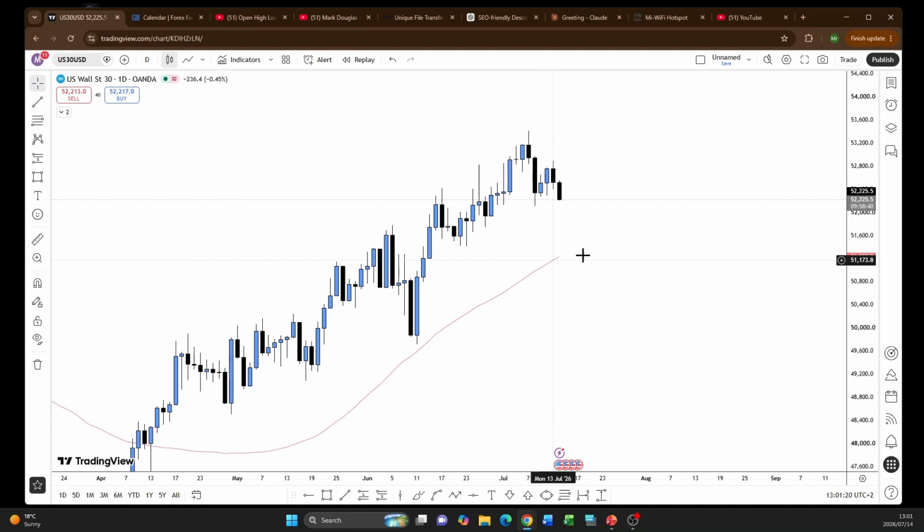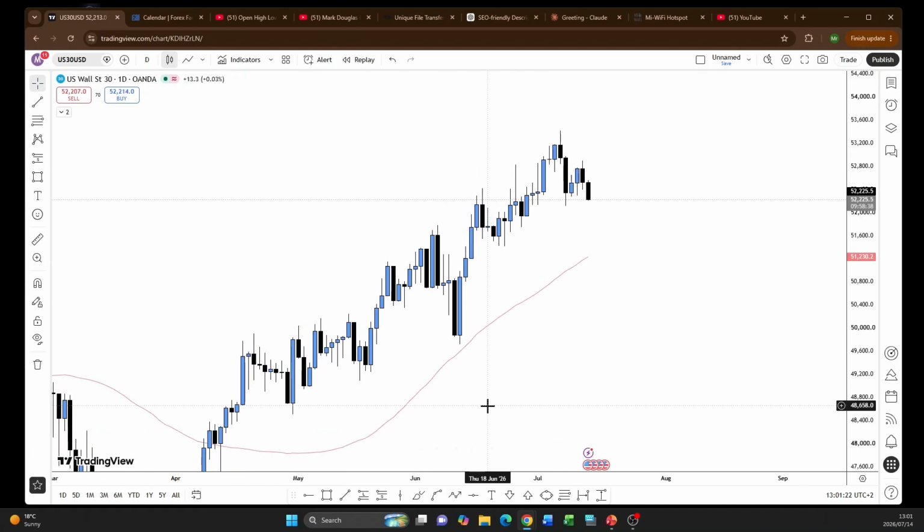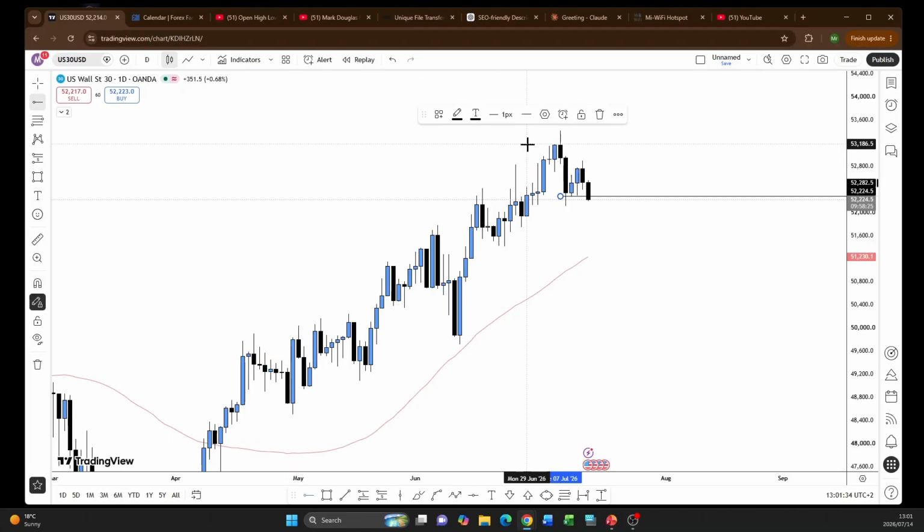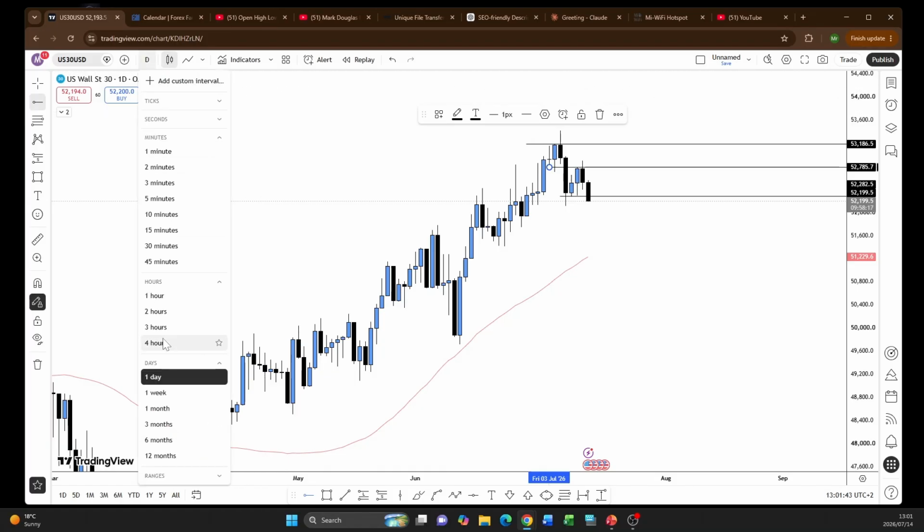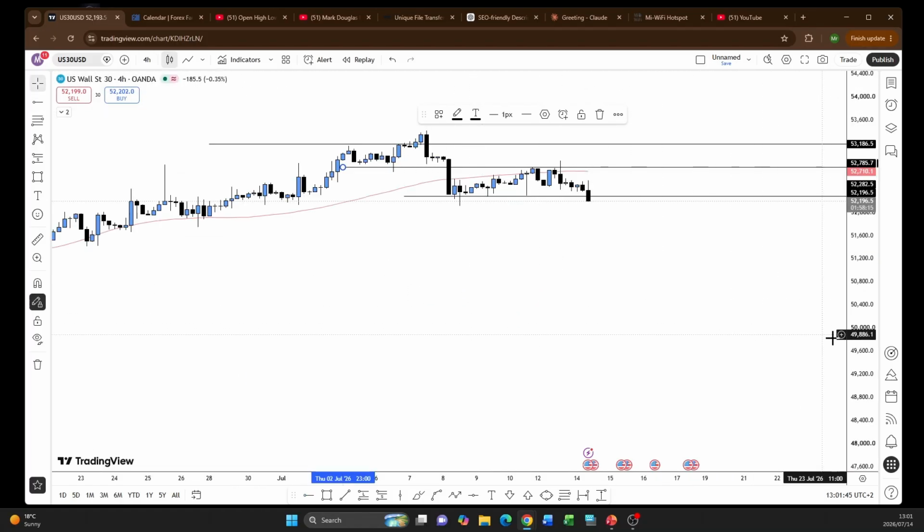I start from the daily time frame, grab this horizontal tool and draw my support right there and my resistance right about there. There's also a touch from here towards the side. That's what I do, and then drop to a lower time frame.